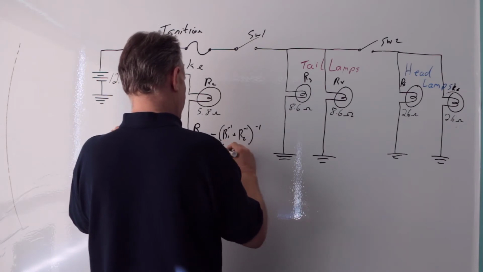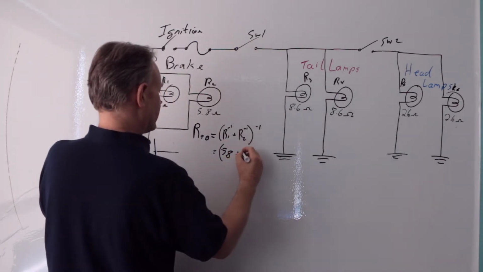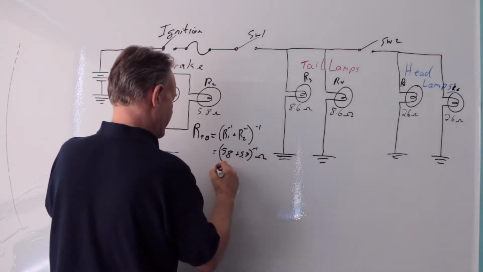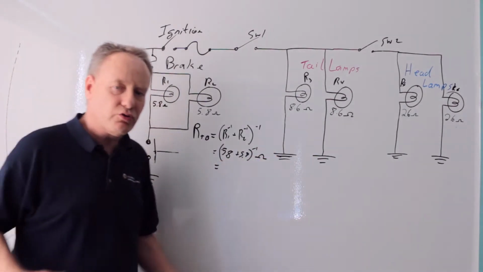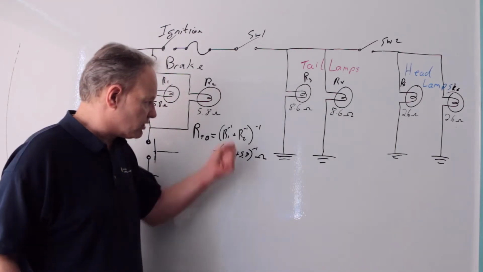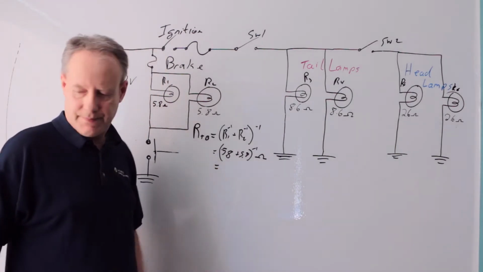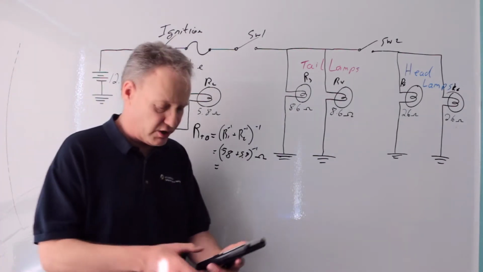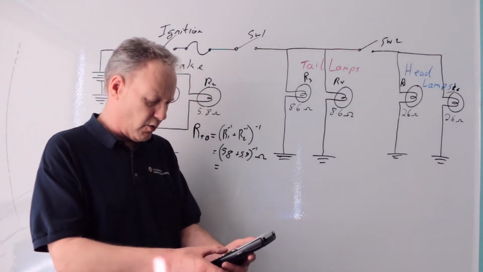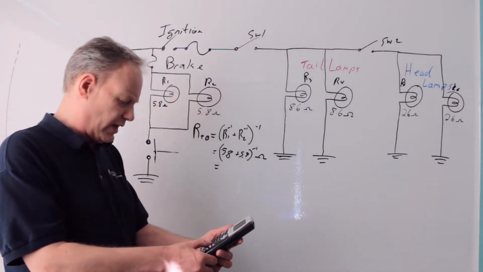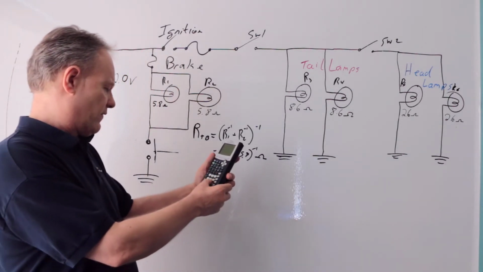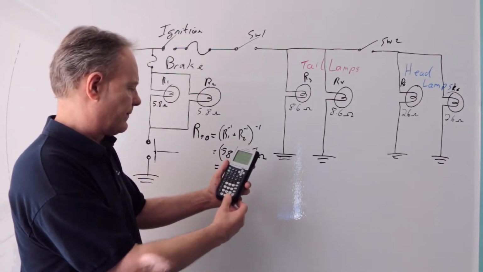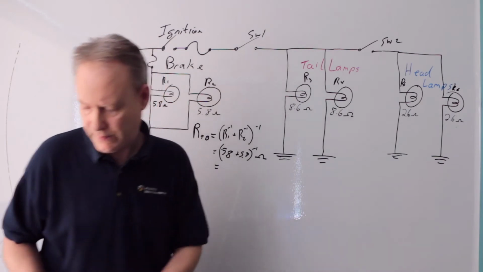That's 5.8 plus 5.8 to the negative 1. I'm going to write ohms, because I'm showing you guys how to do your documentation. Just do it like this. Put units in. Okay, so what's this answer here? Well, it's 5.8 divided by 2, but I'm just going to do this: bracket 5.8 inverse plus 5.8 inverse bracket inverse equals. Nice, easy, simple number, 2.9. Okay, I can work with that.